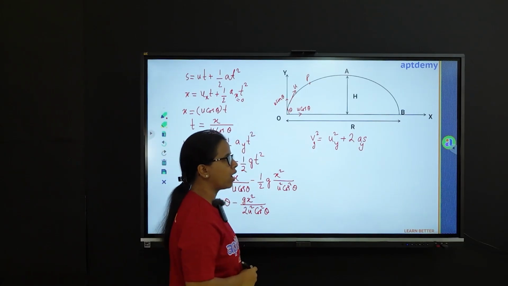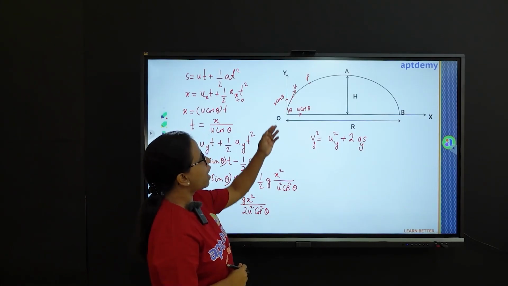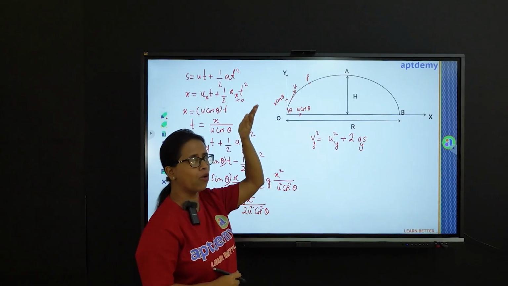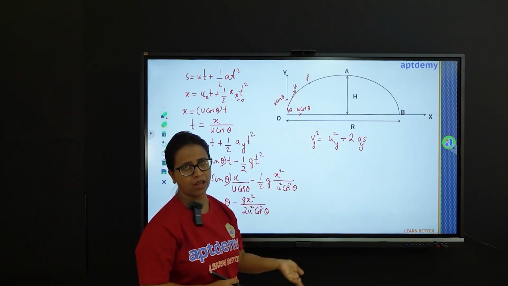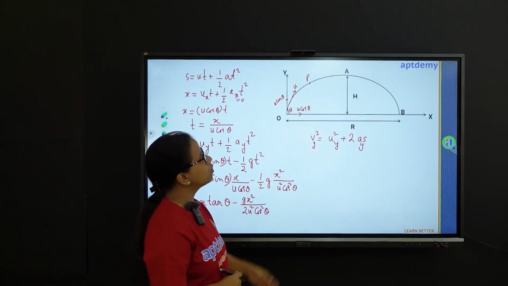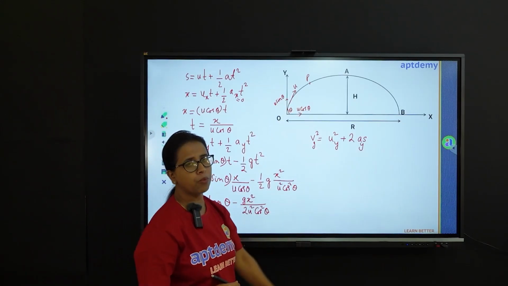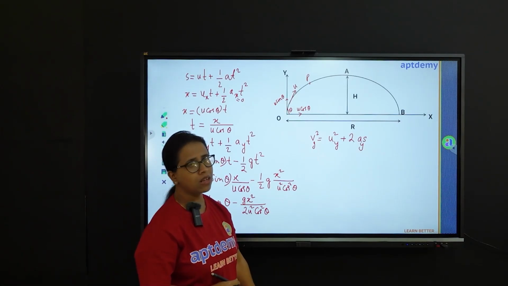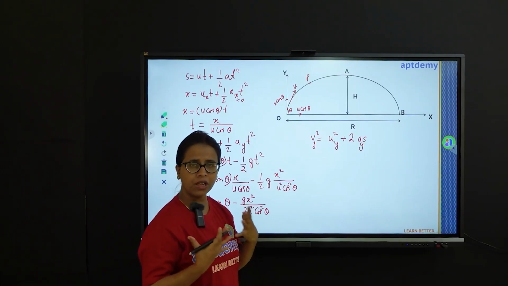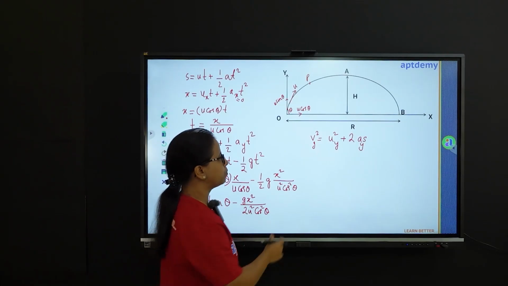Now what is vy? As I told you earlier, as the projectile tries to move upwards, it will reach a certain point and then fall back. So what happens is that the velocity of the particle goes on decreasing till it attains the point A, and beyond that it again increases. This is because gravity is affecting the motion of the particle.